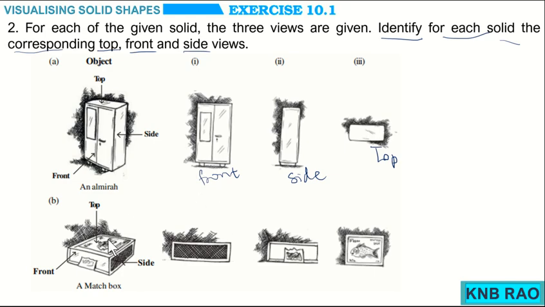Coming to the sub question B, a matchbox, its side view is this one and its top view is a fish shape here and this is the front view. So this is how we identify which view of it is.